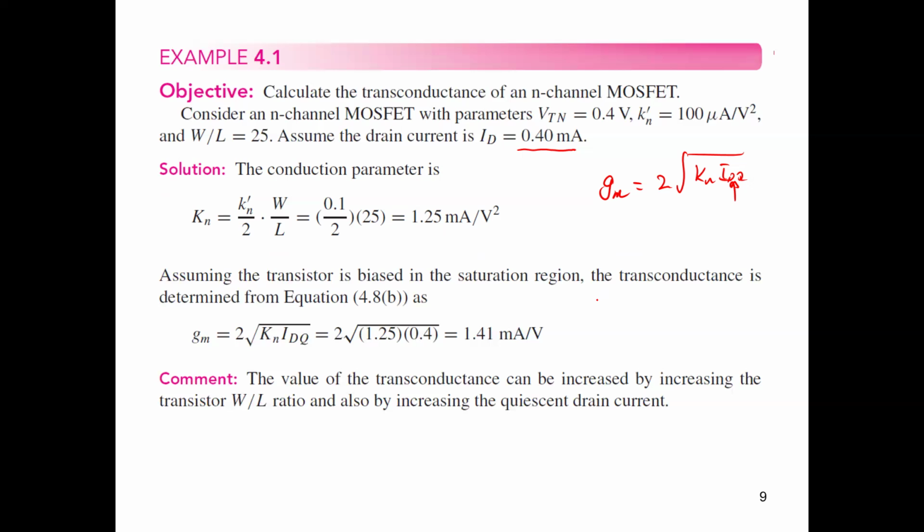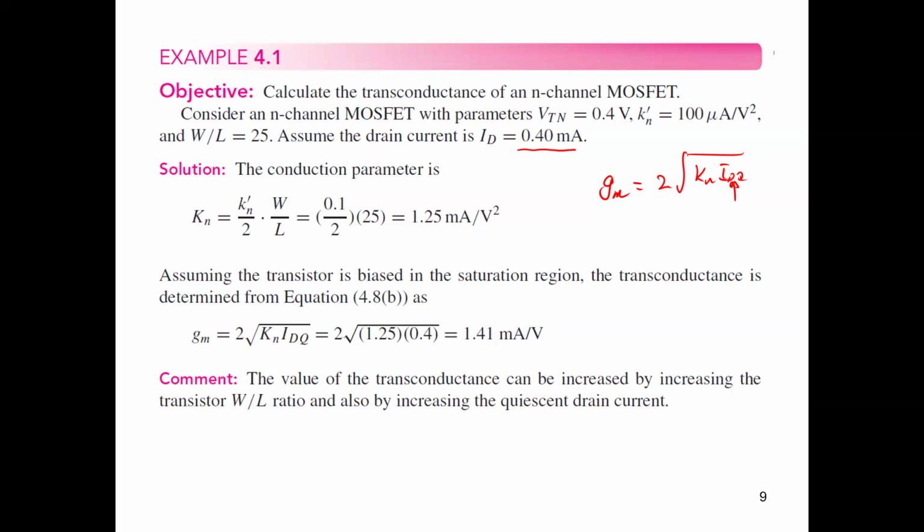Okay, so the GM now can be calculated as 2 root Kn times IDQ. So 1.25 times 0.4 under root times 2. So this would be 1.41 milliampere per volt. So this is the transconductance we have. Okay.